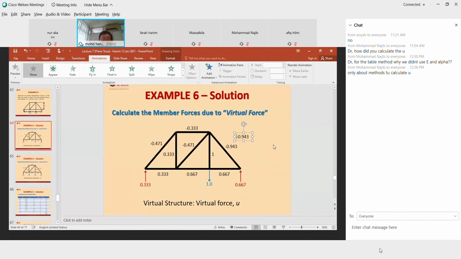This one is equal to 0.667 multiplied by 3, square root, or in this case divided by tangent 45 degrees. Yes, this is the formula.